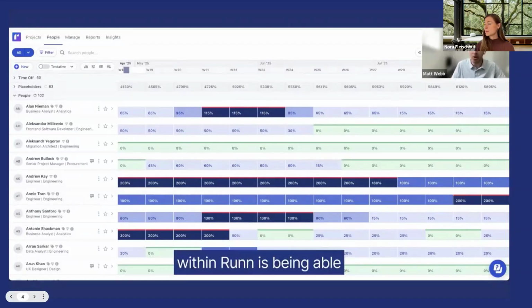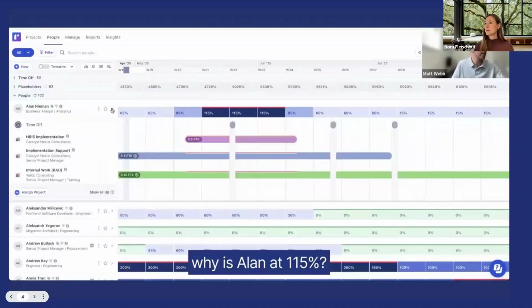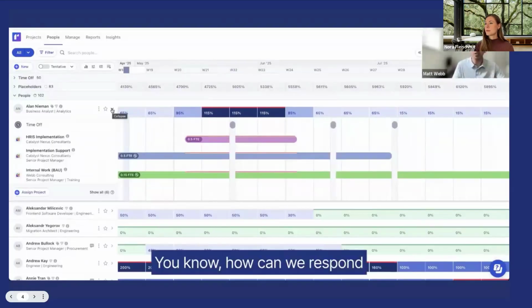And what that looks like within Runn is being able to see things from a micro perspective when looking at maybe an individual resource, like Alan here as an example, being able to quickly understand, okay, why is Alan at 115%? What are we going to do about that? How can we respond to this before this becomes an even bigger problem?